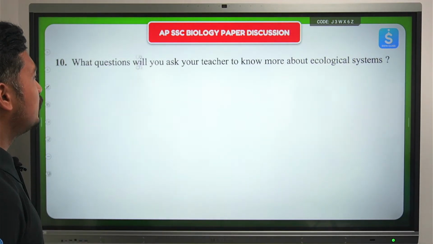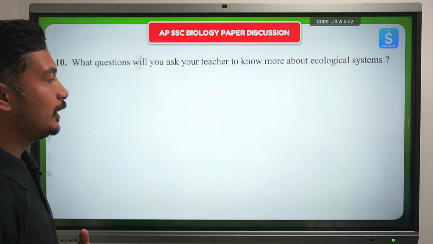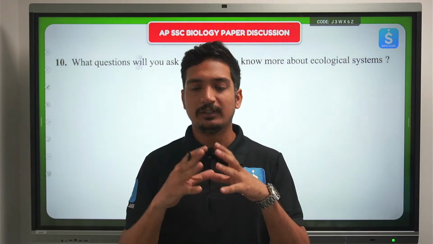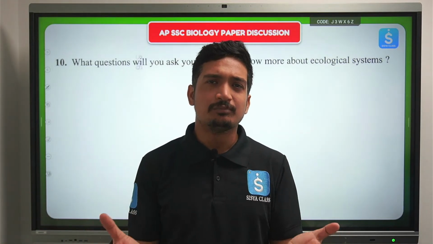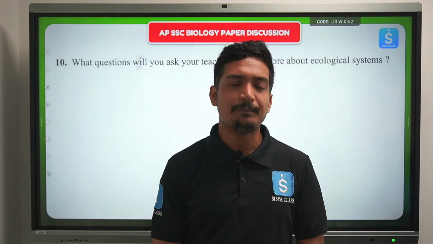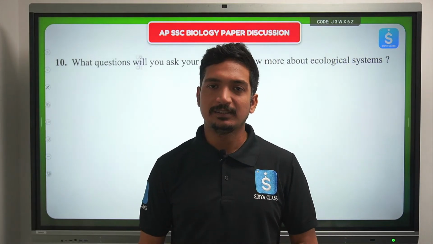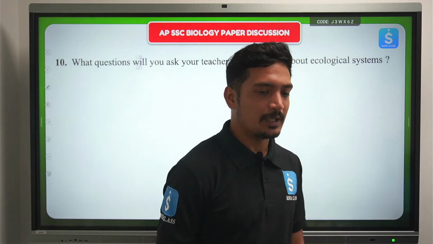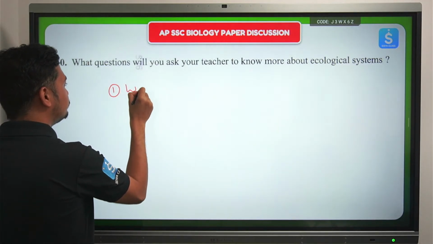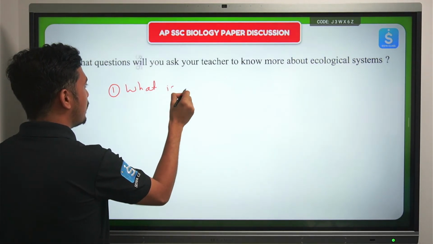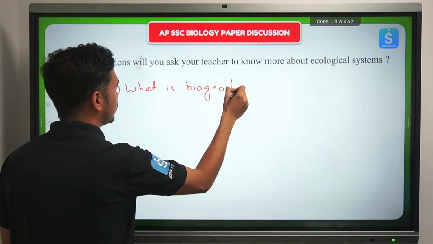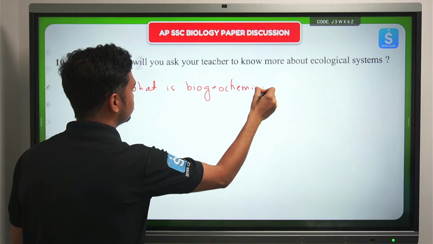What question will you ask your teacher to know more about the ecological system? When you say ecological system, it's a combination of all the interactions between organic and inorganic materials in the environment. So you can firstly ask, what is the biogeochemical cycle?